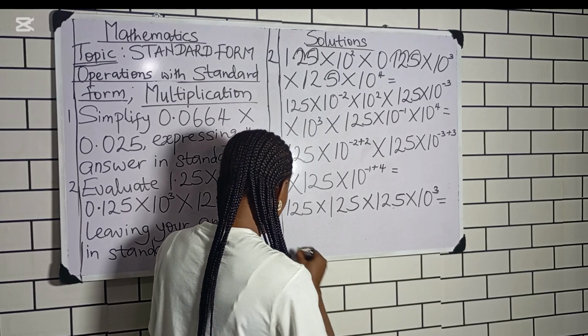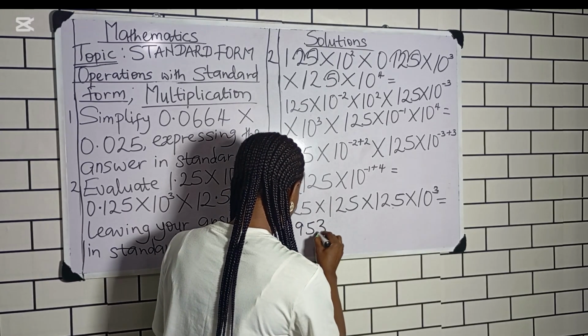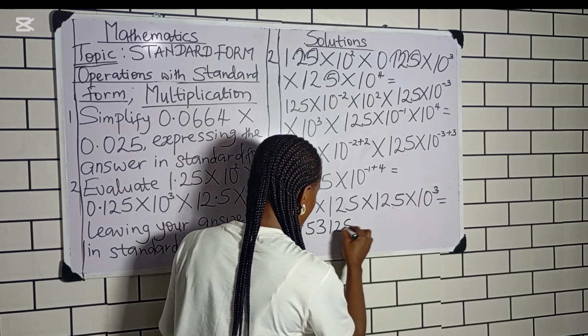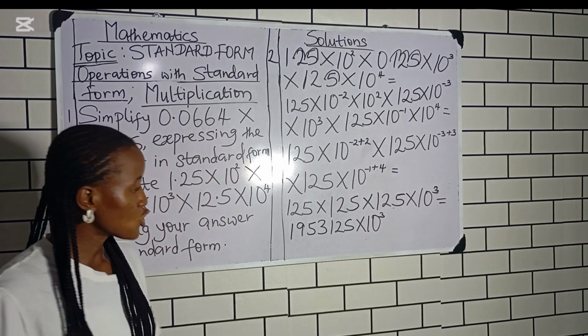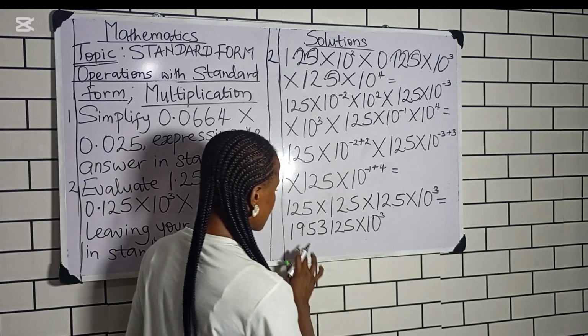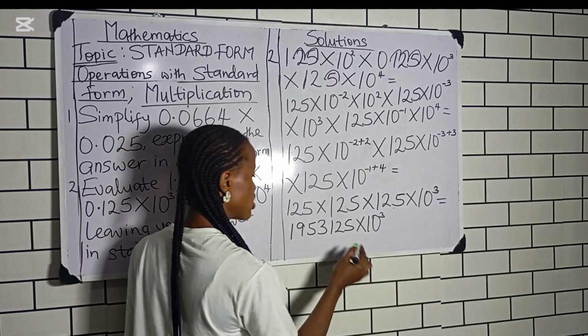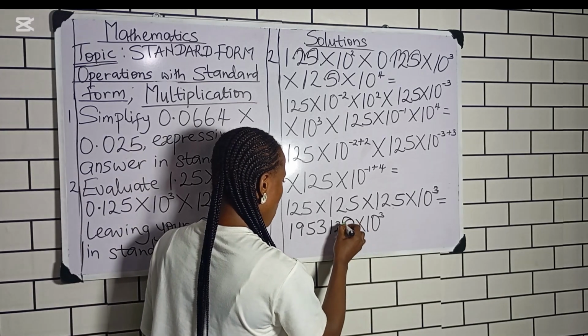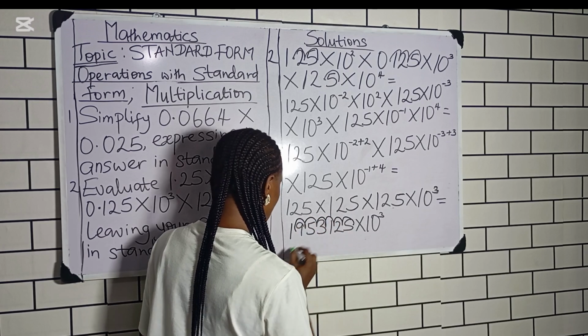We're going to get 1953125 times 10 raised to power 3. Now we are going to reduce this whole number to the power of 10. There's no decimal point, so we're going to assume that the decimal point is after the last digit. You count 1, 2, 3, 4, 5, 6.